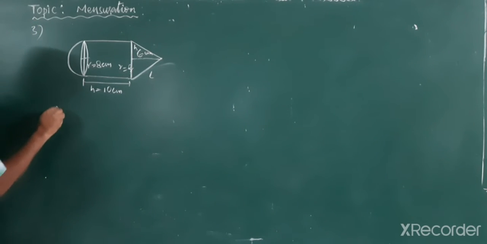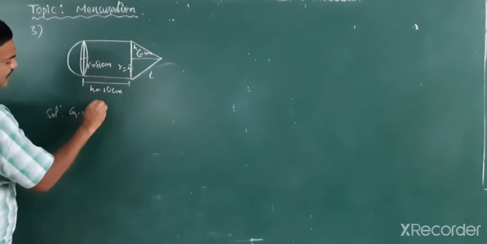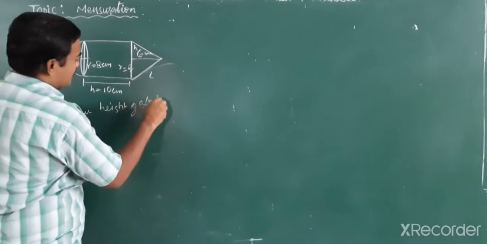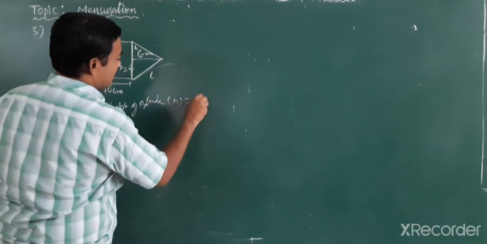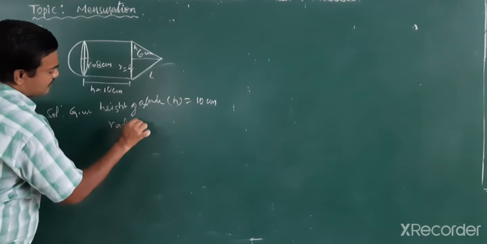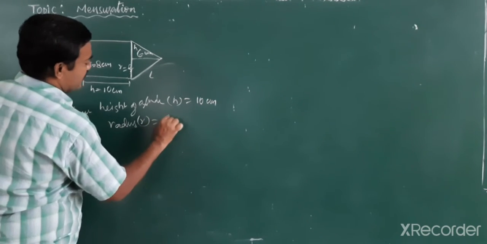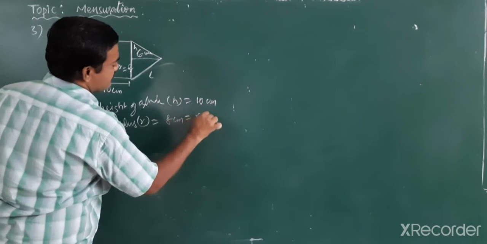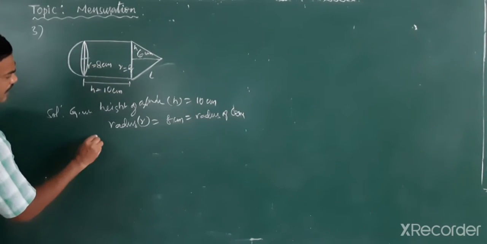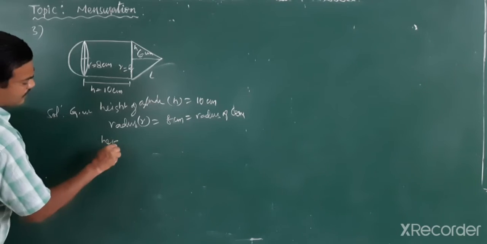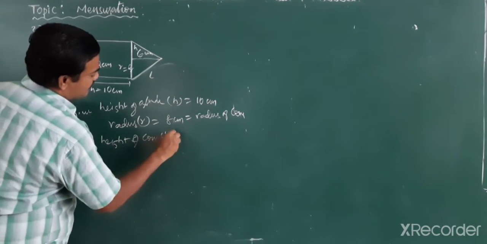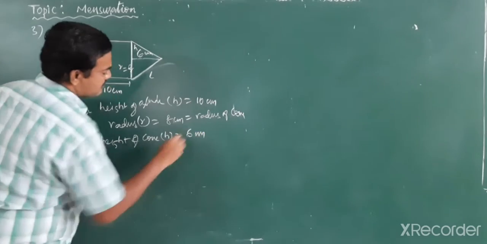Now the solution. Given: height of the cylinder H is 10 centimeters, and radius R is 8 centimeters, which is the radius of the cone also. The height of the cone is 6 centimeters.